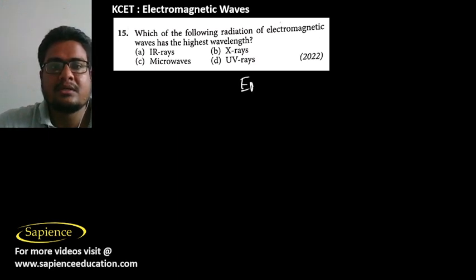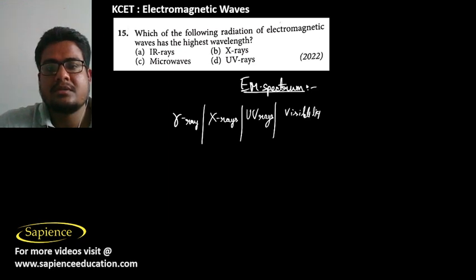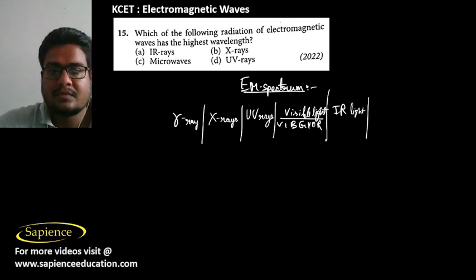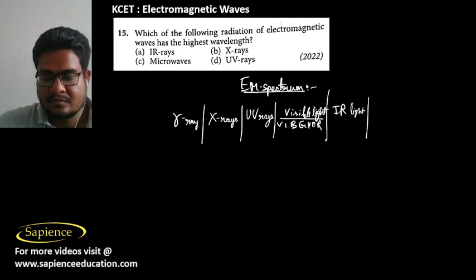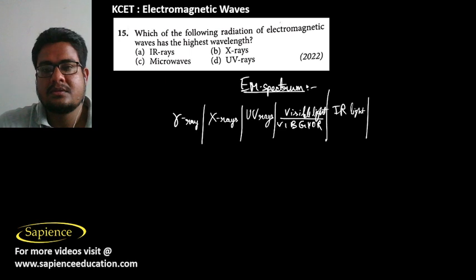So we know that in the electromagnetic spectrum, the waves included are, first one is gamma rays, then X-rays, ultraviolet rays, visible light, then after that we have infrared waves, microwaves, and radio waves.